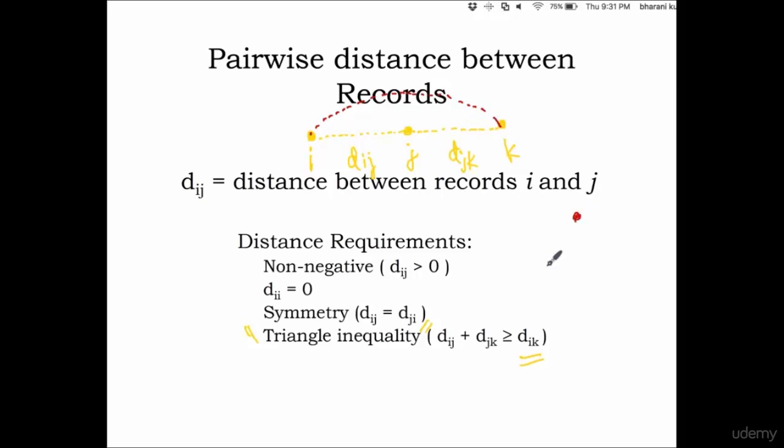If you have a triangle in this way, the sum of the distances of two sides should always be greater than or equal to the distance of the third side.